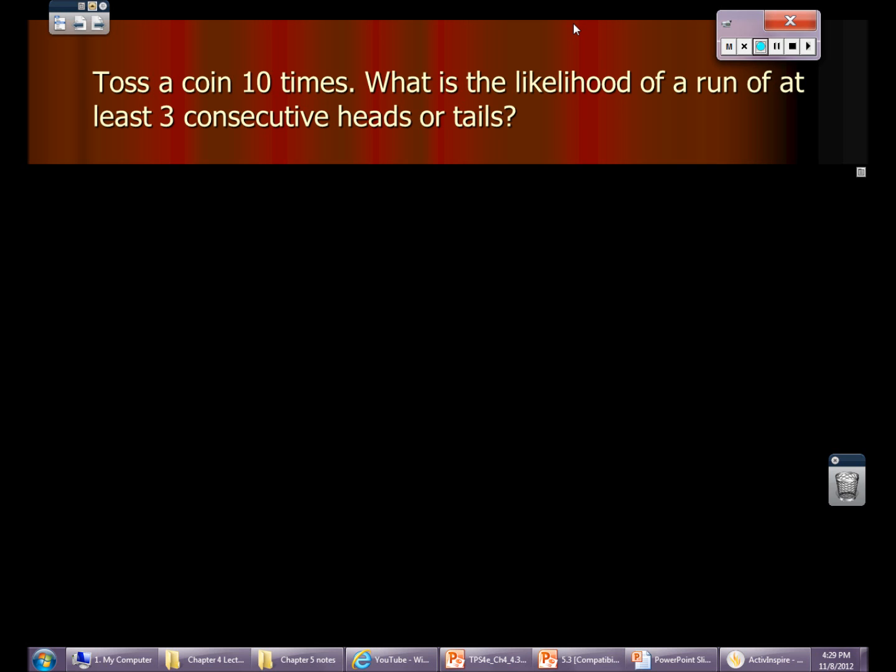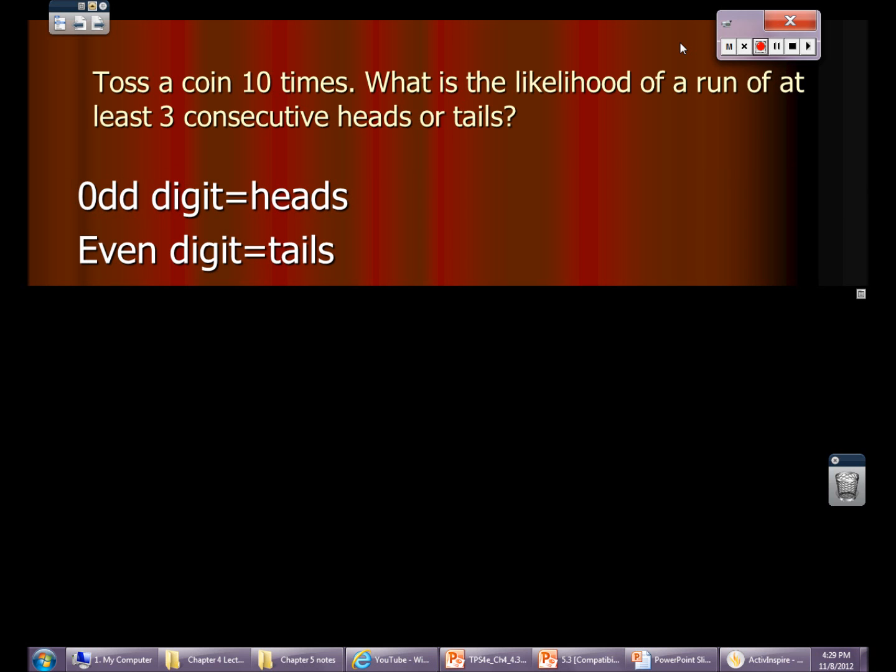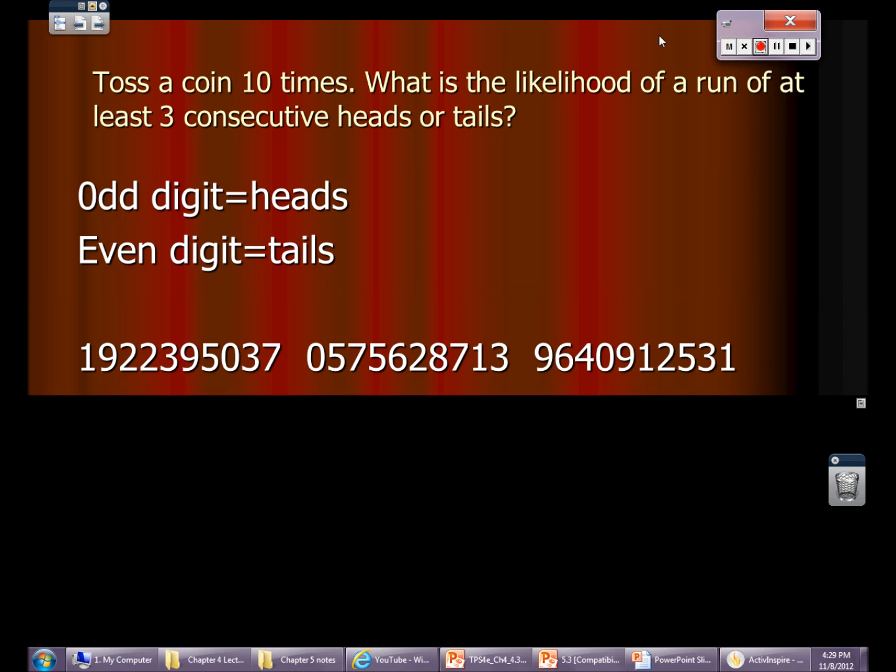Instead of just flipping the coin 10 times in a row and repeating that process hundreds of times, I can assign numbers to the outcomes of heads or tails. In this case, I'm going to let odd digits represent heads and even digits represent tails. I'm then going to go to a number generator or the random number table in the back of your book and get a list of numbers.